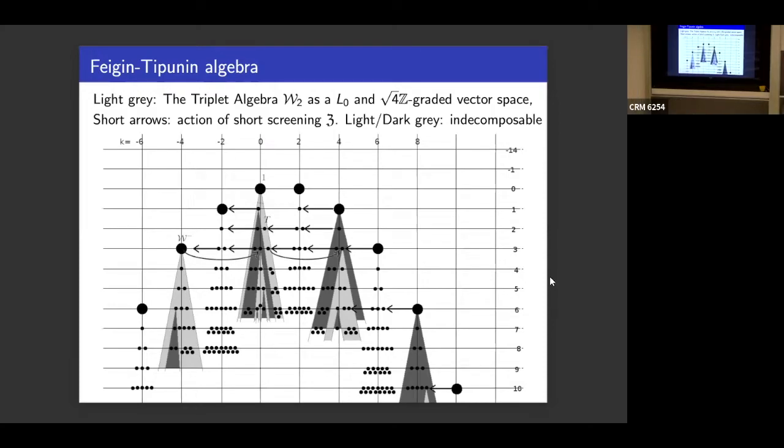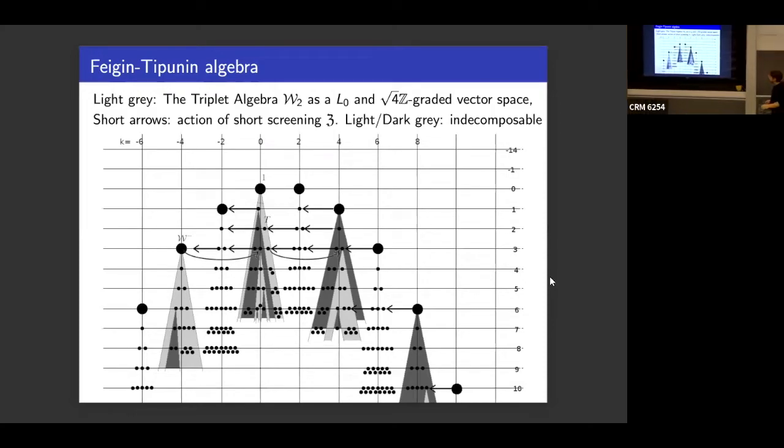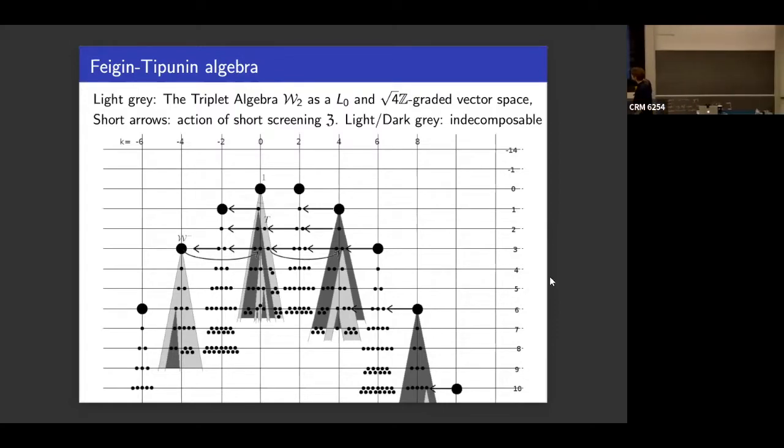If you recall your formulas from the last slides, you could in principle compute several of these screenings. Let's for example start here. This is e to the square root 2, what's called W minus. We'll see why.